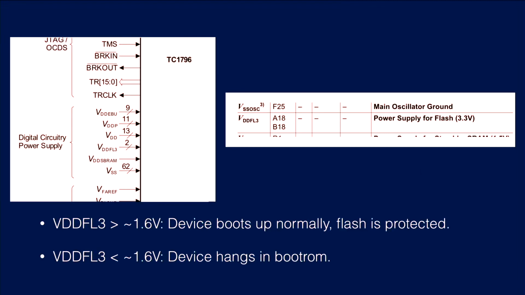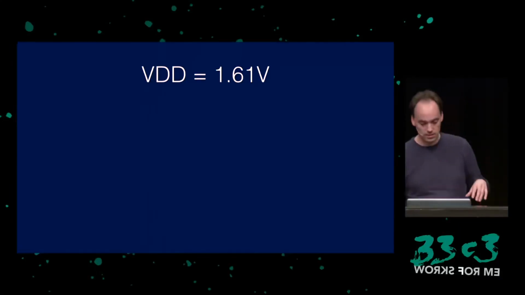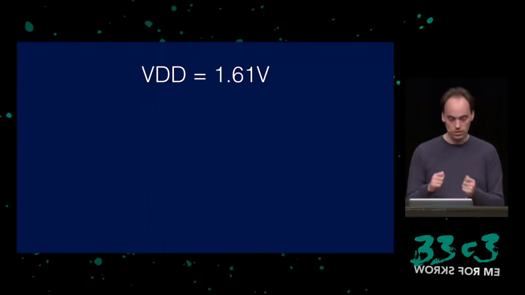The requirement is 3.3 volts. So let's see what happens outside of that range. And it turns out, down to a certain voltage level, roughly 1.6 volt, everything just works as normal. Oh, that doesn't help us. And below that voltage, the device hangs in the bootloader, so that doesn't help us either. The interesting parts happened when you are at a very specific voltage level, and this is a little bit unscientific because it's really just a voltage level I tried.